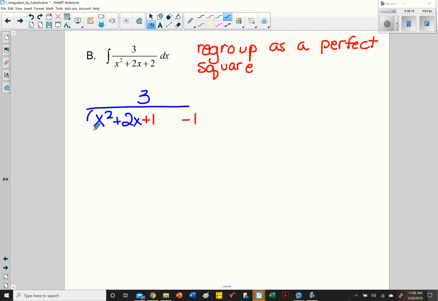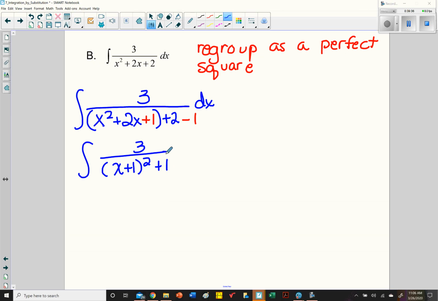This is what I'm talking about by regrouping. And then that 2, I just moved it outside. So to simplify that a little bit, it would look like 3 divided by x plus 1 squared, and 2 minus 1 is 1.